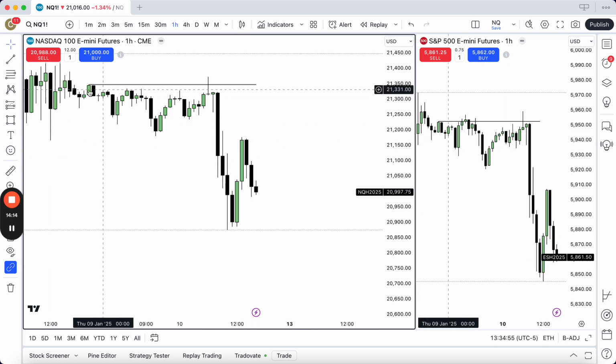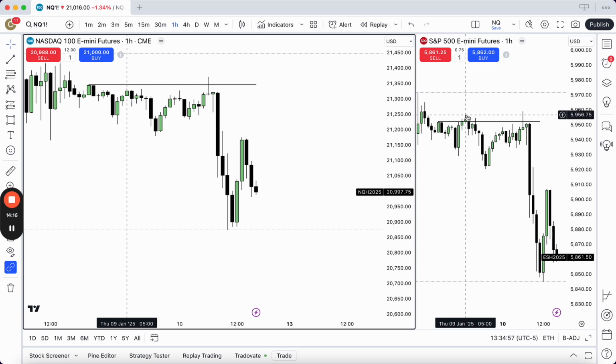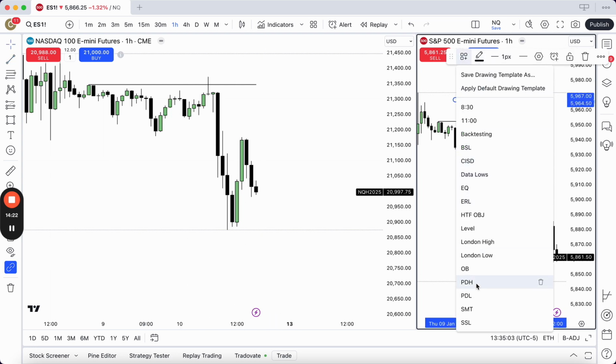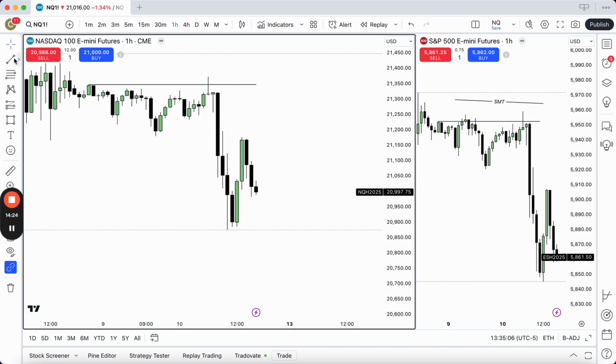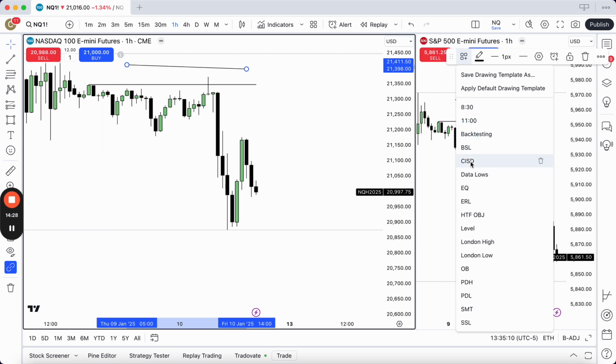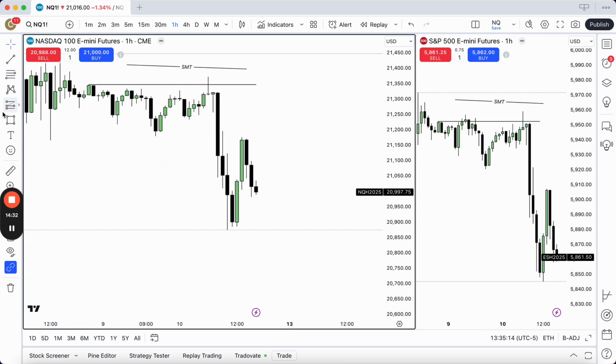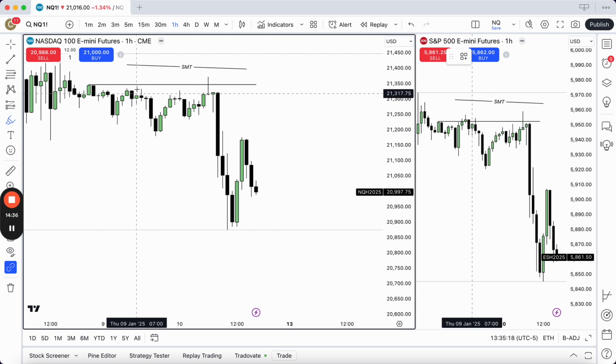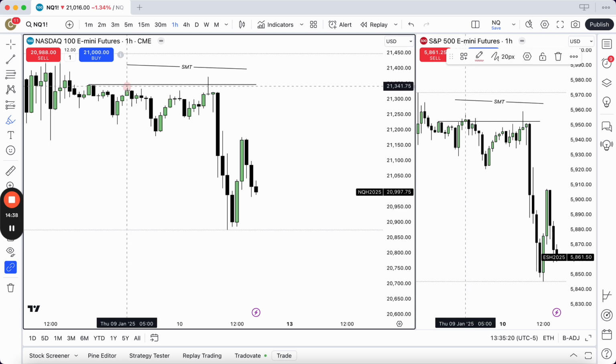Okay, so you can see there's SMT here, right? Because, right, price swept this high on ES, but did not sweep this high on NQ. Okay. When I say this high, I am referring to this high right here. This candle.